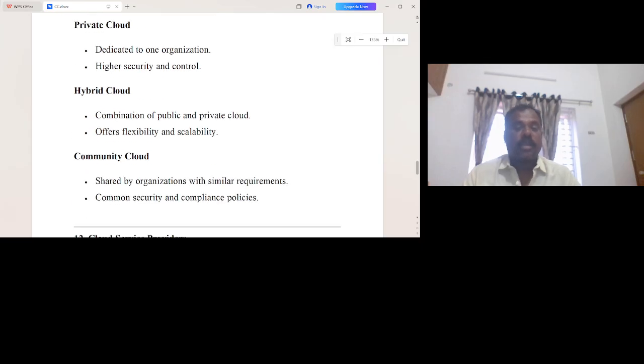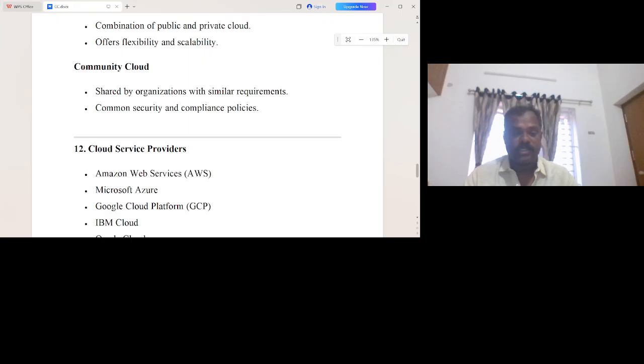Hybrid cloud is a combination of private and public cloud. The main application is that it offers flexibility and scalability. Community cloud is shared by organizations with similar requirements. The main application is common security and compliance policies.